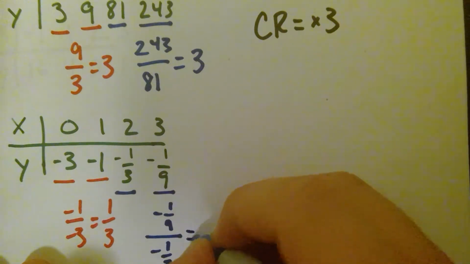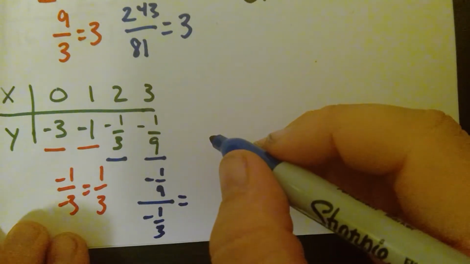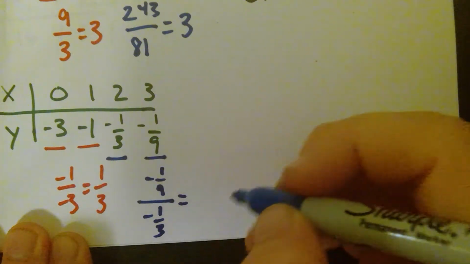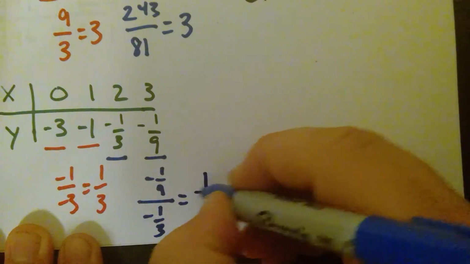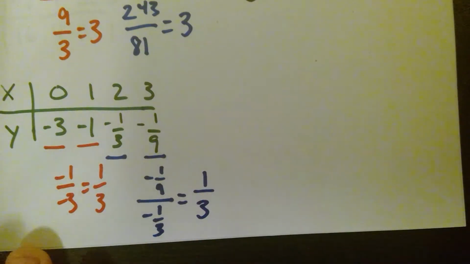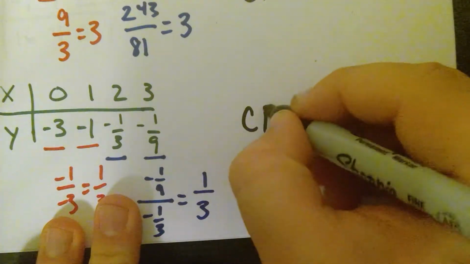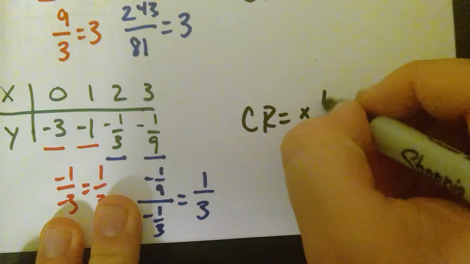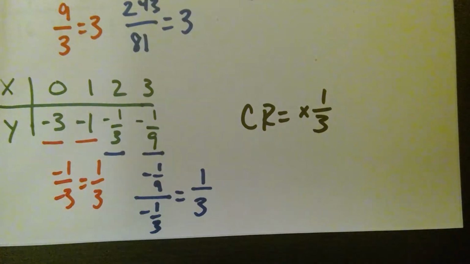We're going to get a bit crazy with our fractions here, a fraction divided by a fraction, but this is actually going to give us 1 over 3. So we do have a pattern here, and here's our common ratio, times 1/3. That's the pattern that we have going on here.